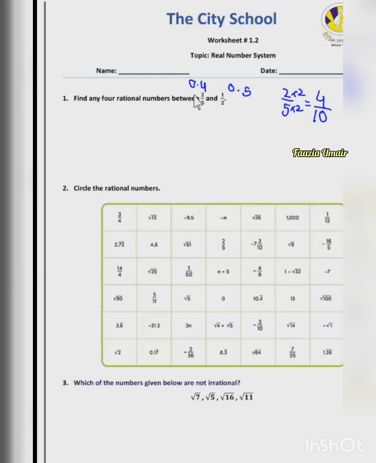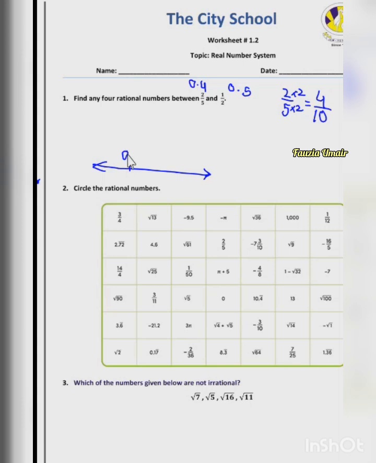Between 0.4 and 0.5. 0.3. 0.3 is not between them. 0.3 is before 0.4, na? So if I draw 0.4, Ma'am, 0.42. 0.42, very good. 0.47.